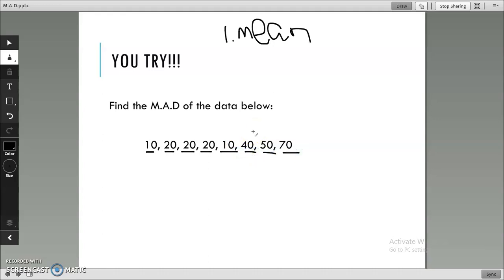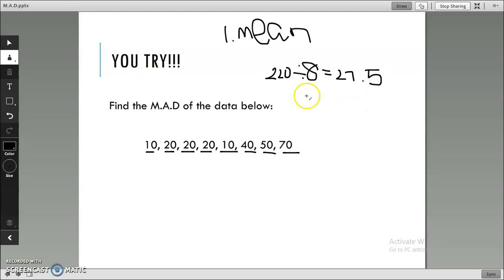So that's 10 plus 20 plus 20 plus 10 plus 40 plus 50 plus 70. That gives me 220 divided by 8. And I get 27.5. So the mean is 27.5.